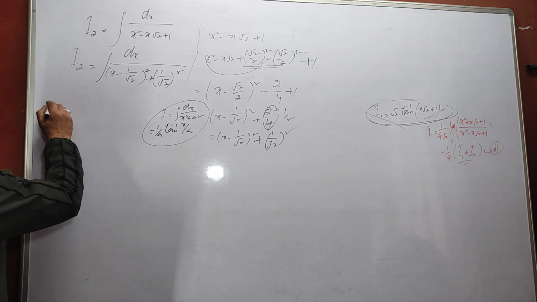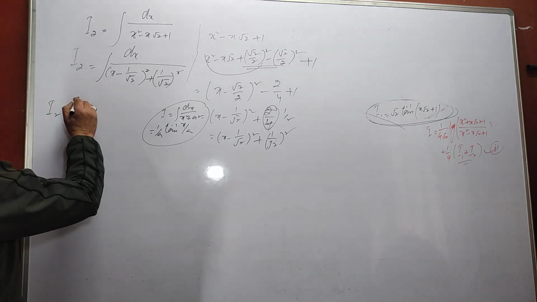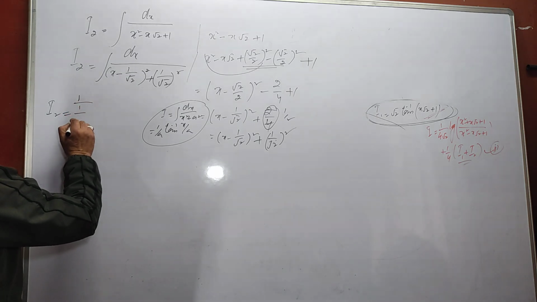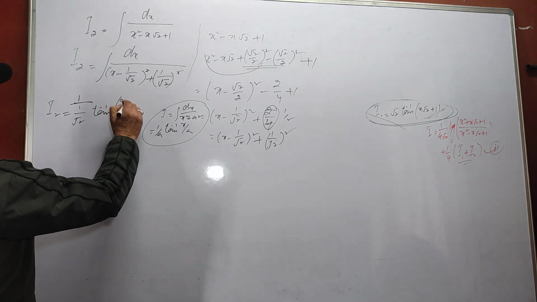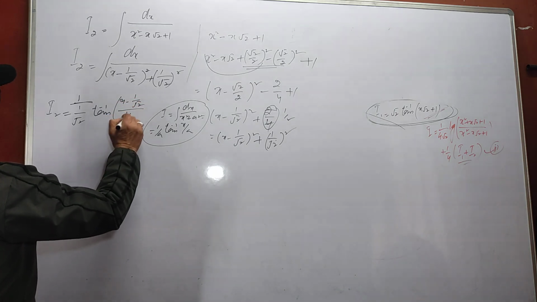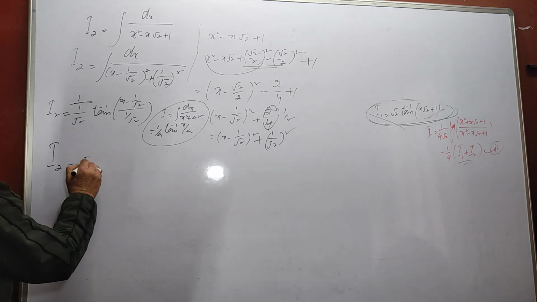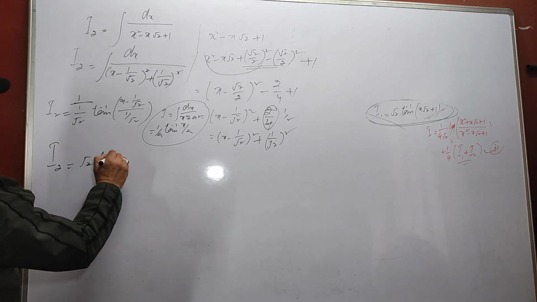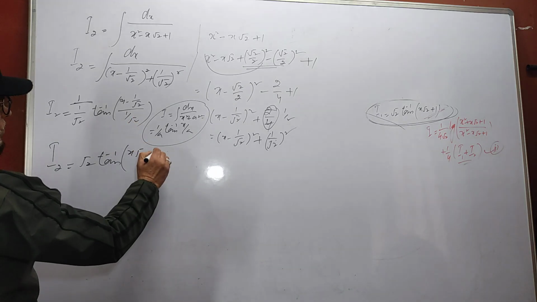So I2 is equal to 1 upon 1 by root 2 tan inverse of x minus 1 by root 2 by 1 by root 2. This is I2 now. Root 2, as we did previously, tan inverse x root 2 minus 1, because root 2 goes.